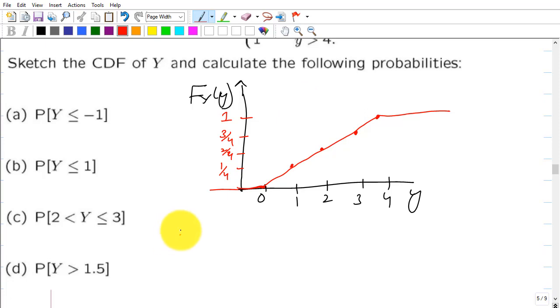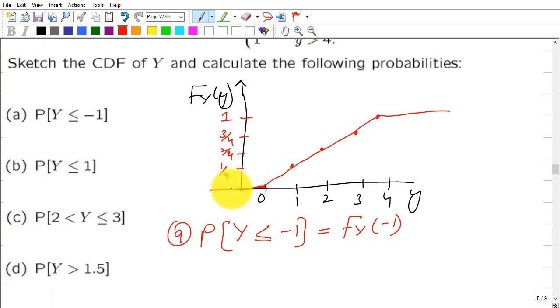Now we will find these probabilities. Probability Y is less than or equal to -1. We have to look at the definition of the CDF. The probability of this is F_Y of -1. If we look at -1, it is 0, straightforward.